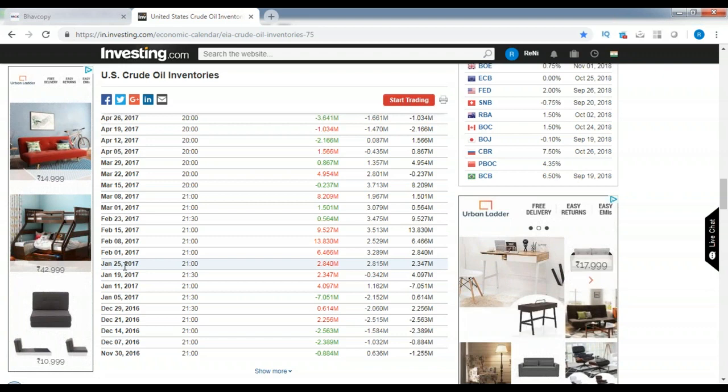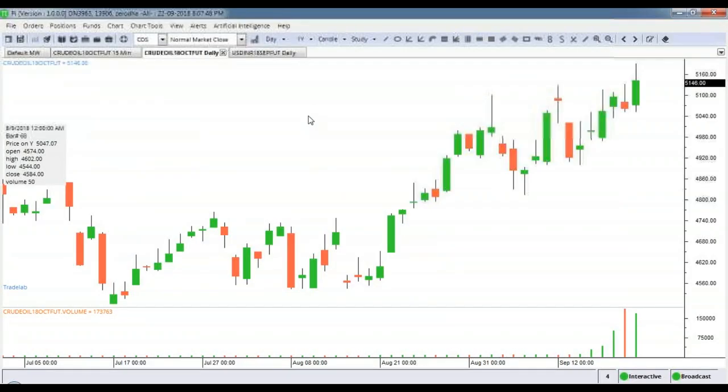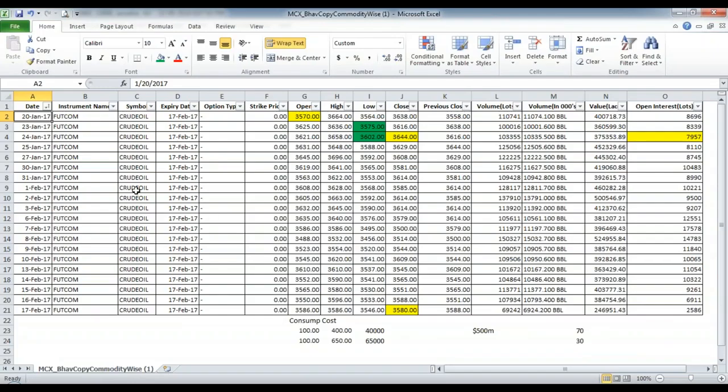So till January 25th, you'll do nothing in the current contract. Let the first inventory happen. So January 25th is this one, right? Yes or no? Yes, sir. Okay. So let the first inventory happen in crude.